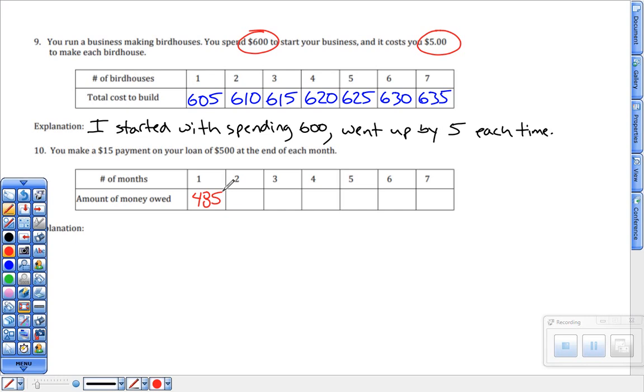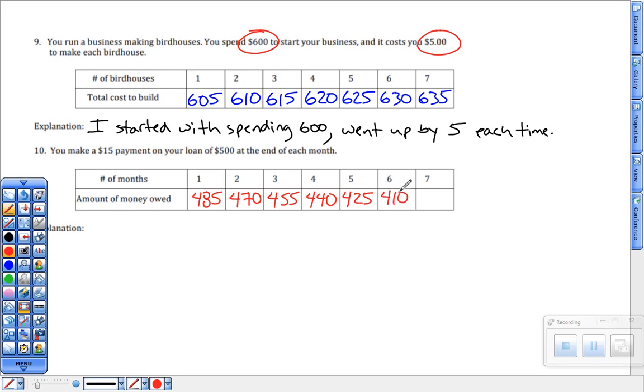If I take away 15 again from that, 470. If I take away 15 again from that, 455. Take away 15 again from that. Helps to have a calculator. Take away 15. Take away 15.